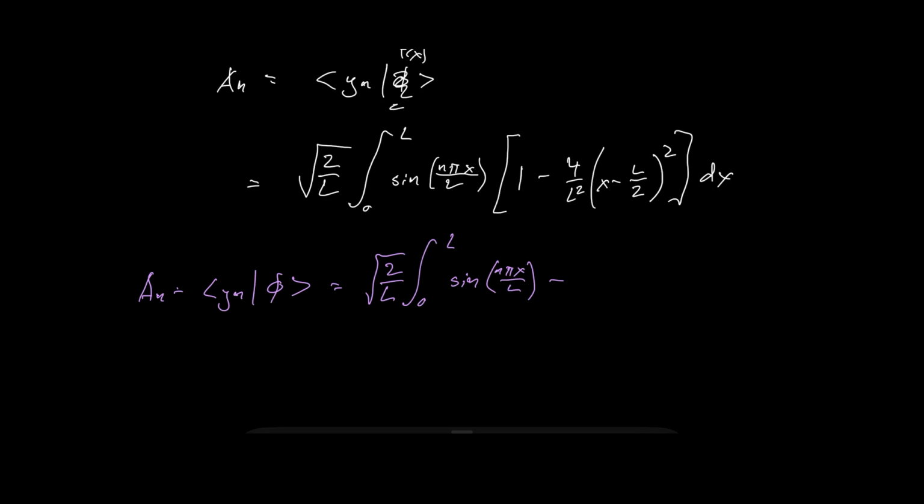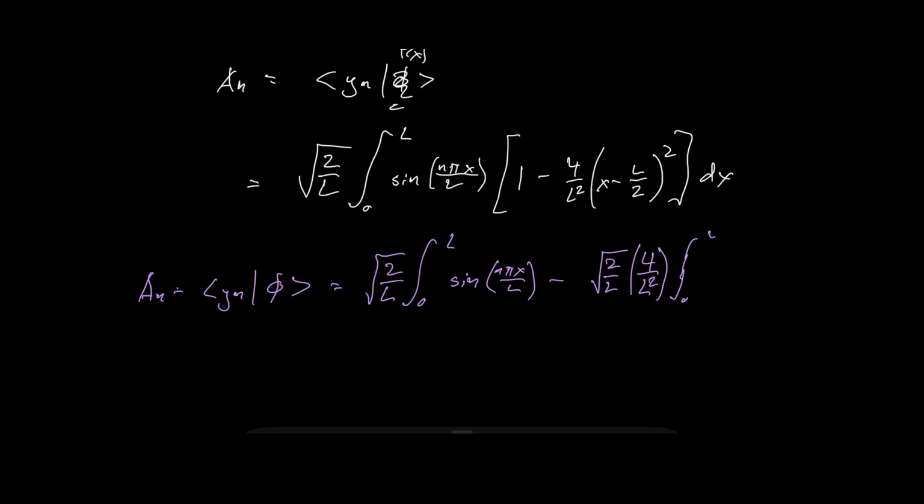okay, we're going to have square root of 2 over L times 4 over L squared, integral 0 to L of x minus L over 2 squared, oh, sorry, I'm totally wrong here, one second, I forgot our sine term.